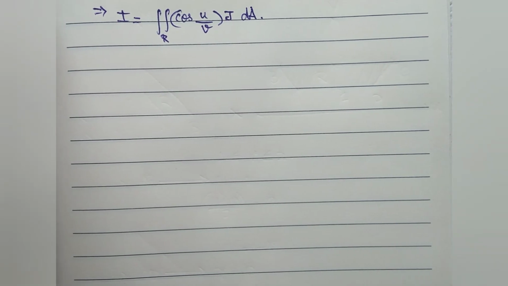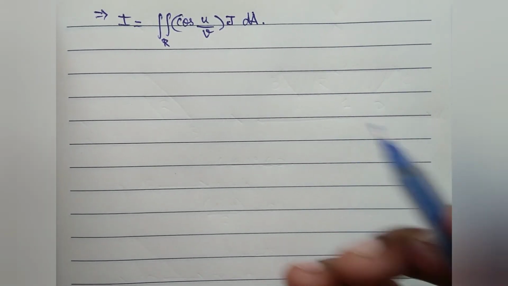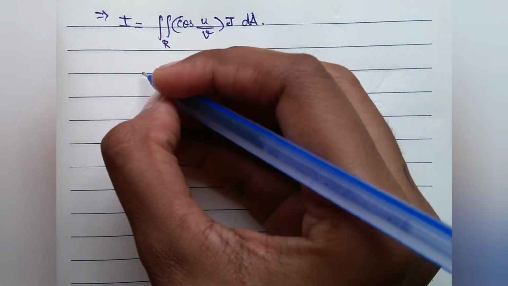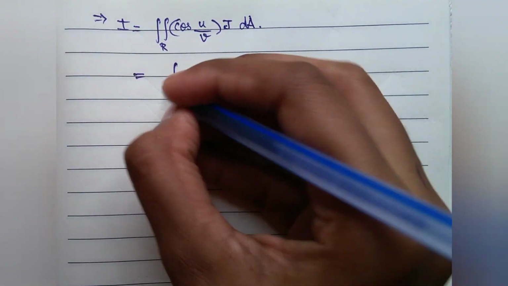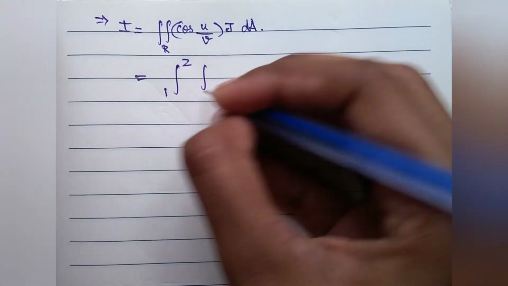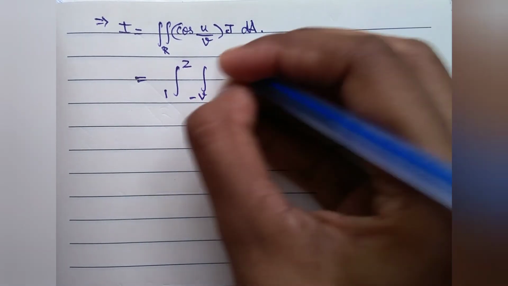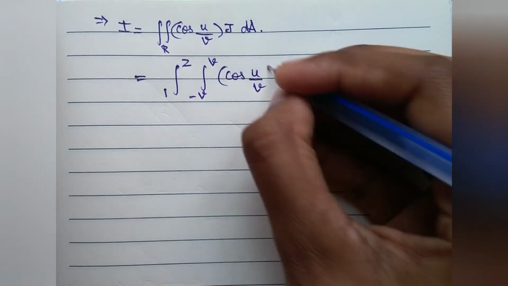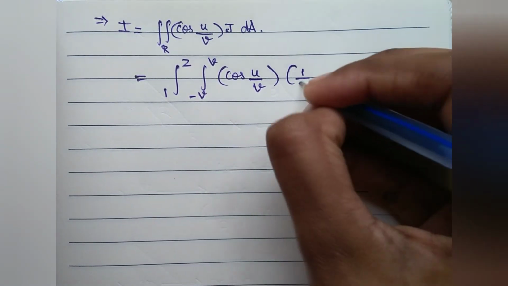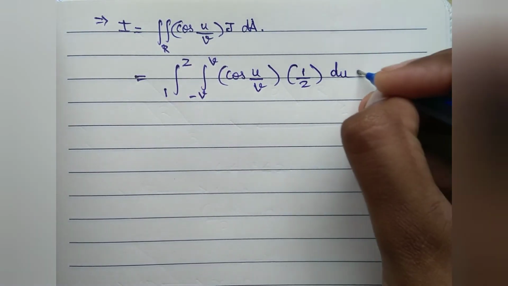Let's substitute all the values that we have got into this equation. So we know that the limits of v is from 1 to 2 and the limits of u is from minus v to v, and cos(u by v) and the Jacobian is 1 by 2 du dv.